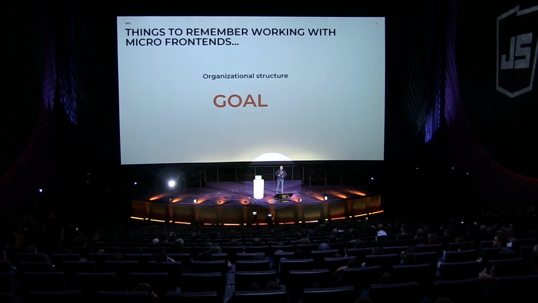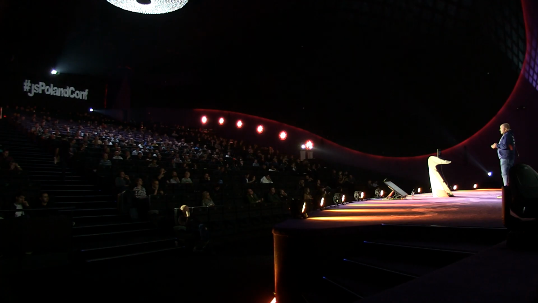Where are companies failing when implementing micro frontends? On organizational structure. Why? Because when you work with multiple features, split into certain domains, you might miss who is responsible for what. So in a moment, you become blind when it comes to responsibility.